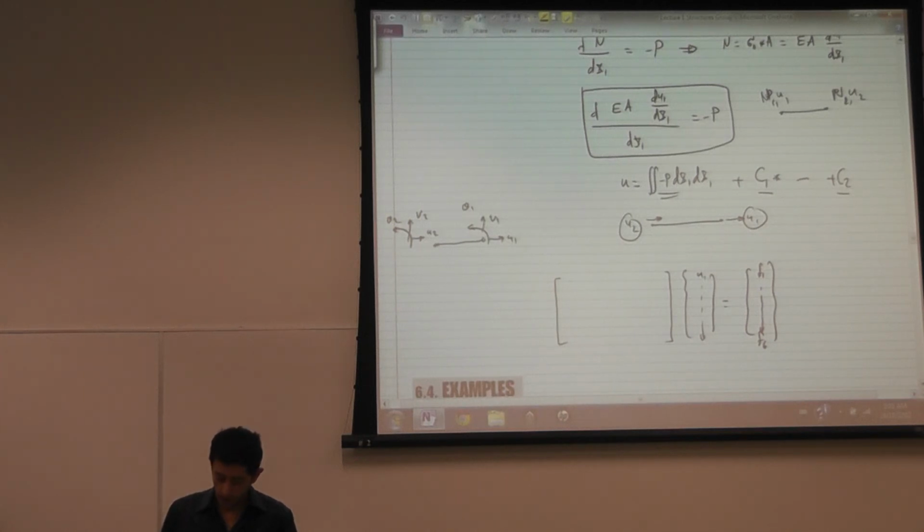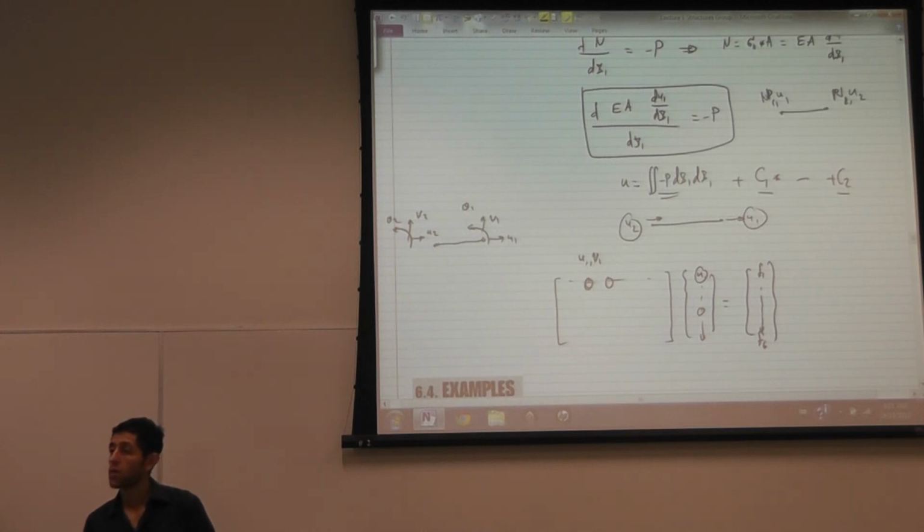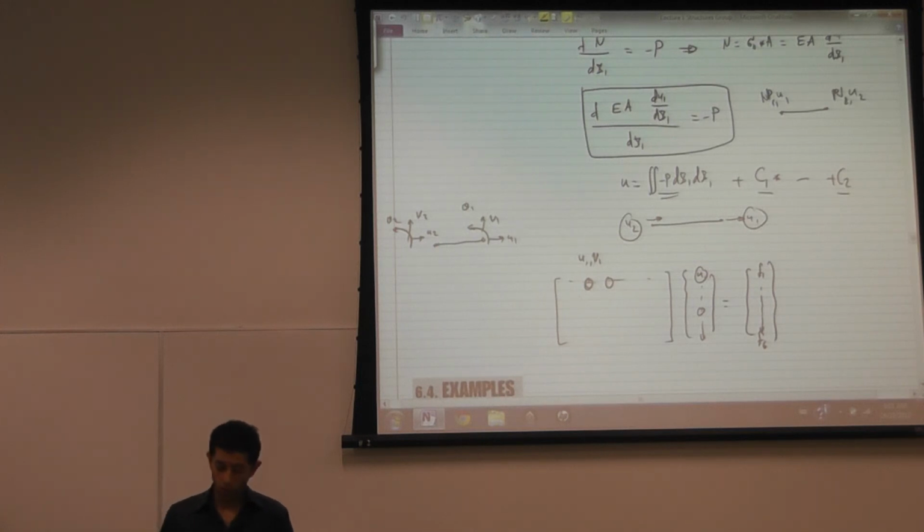Inside here you will find that the horizontal displacements and the rotations and moments are decoupled. By decoupled, you'll find a lot of zeros: any row that corresponds to U1 and V1, you're going to find zeros, because the horizontal and vertical displacements are decoupled.